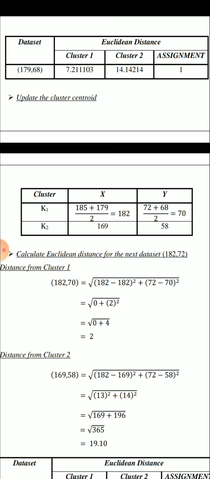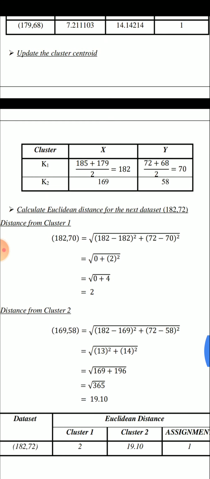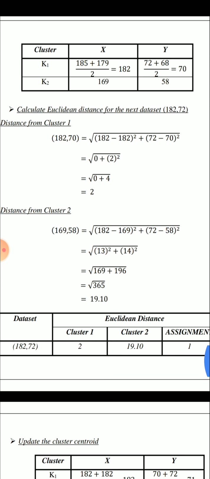Then the distance from cluster 2, 169, 58, is root of (182 minus 169) the whole square plus (72 minus 58) the whole square, that is equal to 19.1. For the data point 182, 72, the Euclidean distance for cluster 1 is 2 and cluster 2 is 19.1. So we have to assign that point to cluster 1. So assignment 1 is given.